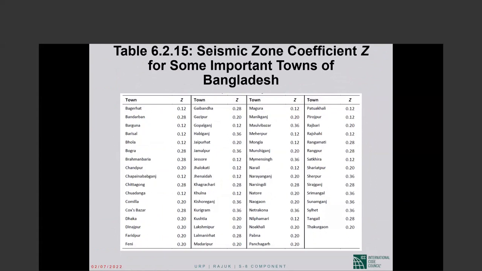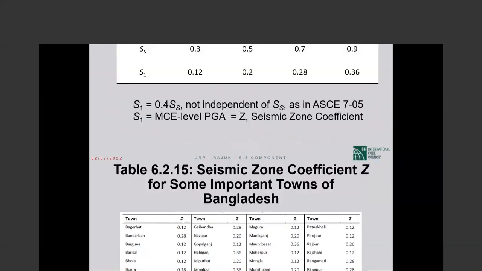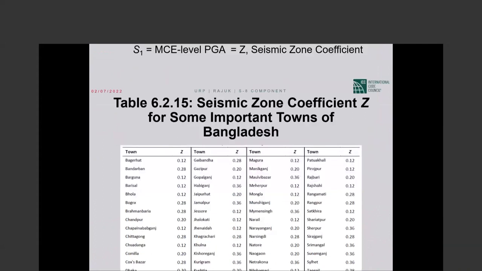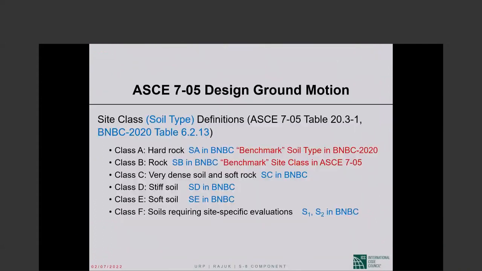That indicates your zone is 2, and you can readily determine the S sub S and S sub 1 value. S sub 1 is 0.2 and S sub S is 0.5. S sub 1 is the same as the Z factor, as I pointed out. Okay. So the table is just to make things simple.